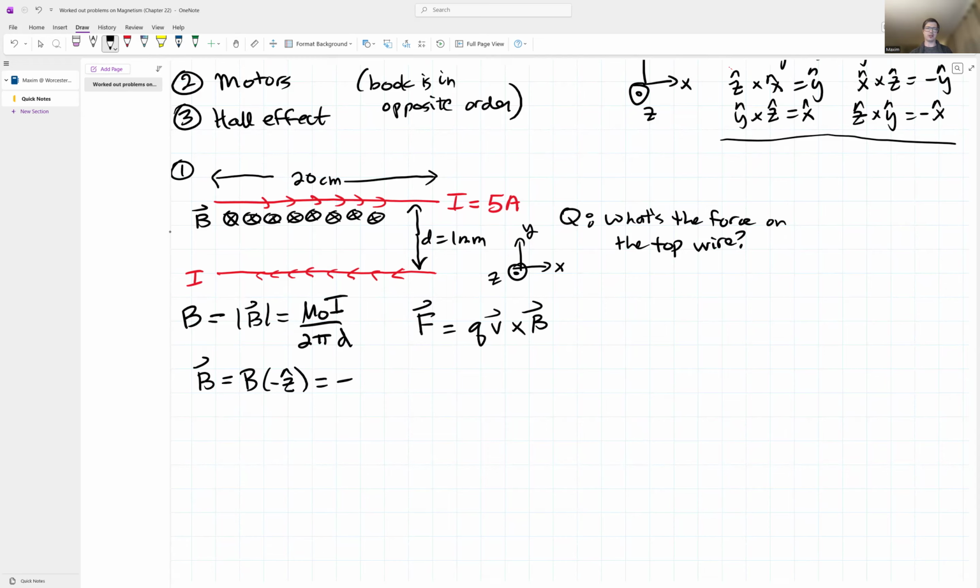So we could just write it as minus B Z hat. Now, what else do we know? We know the charge is moving with the current, and that's going to the right. So that's going along positive X.